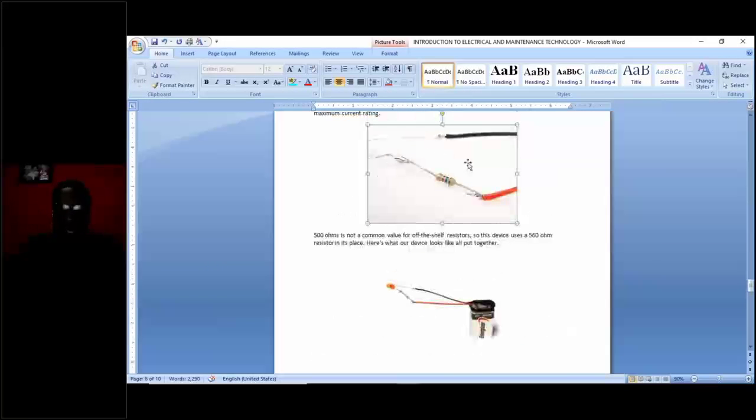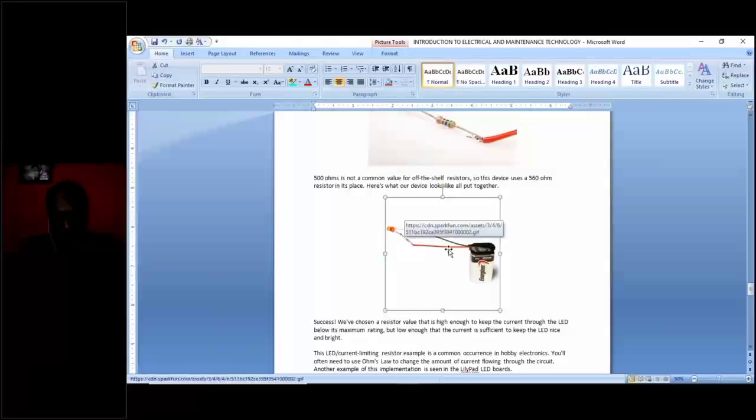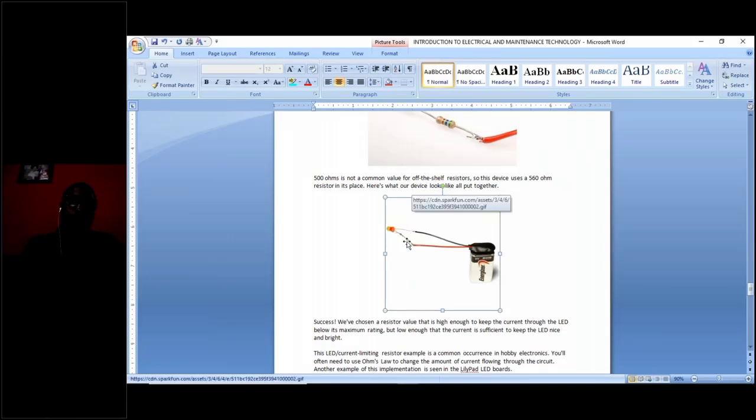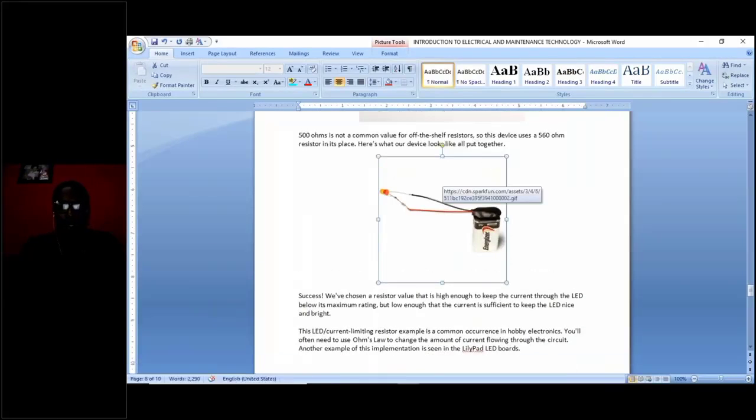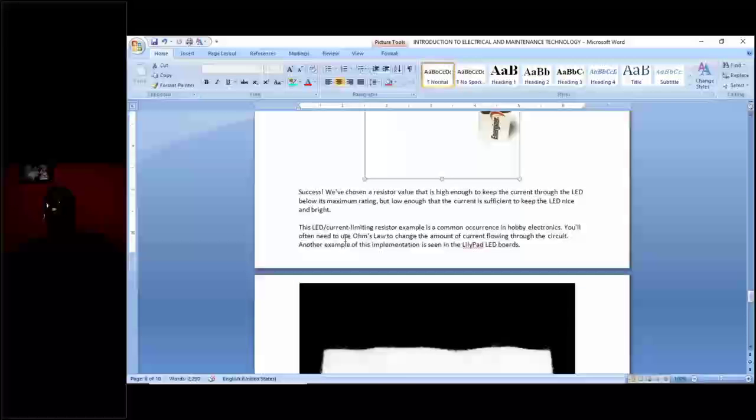So this is just a pictorial view of what we are talking about. This is your battery connected to your LED, and your resistor is here, and this is your complete circuit.